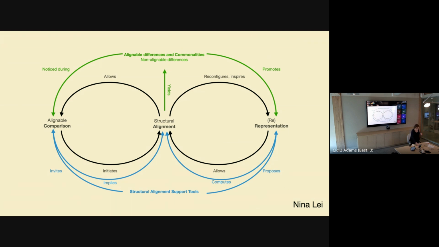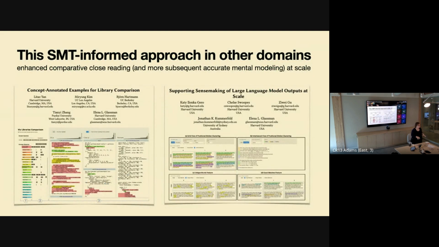Okay, so we've tried this SMT-informed approach in other domains. We've done this for many different examples of, say, code examples of different libraries, where people are trying to understand what the library can and can't do and compare libraries at the level of the code examples they would actually have to work with.